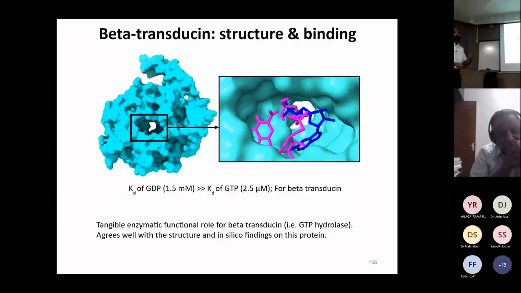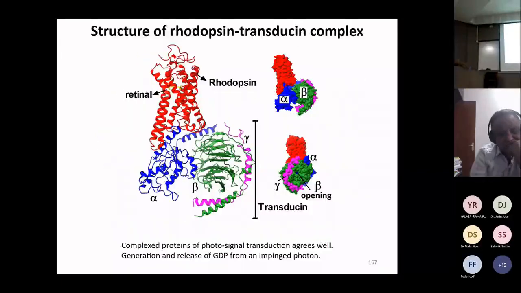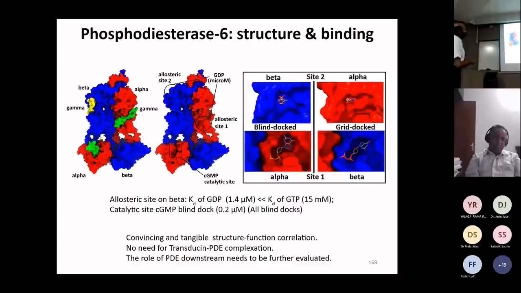So beta-transducin, now you know the role clearly. It has a tangible enzymatic functional role that agrees well with the structure and in silico findings of the story. The overall structure is beautifully explained with the new model. Now the GDP that is released can go, and very clearly there is a clip like this. I showed a clip, this yellow thing, right? This is the cyclic GMP binding site.